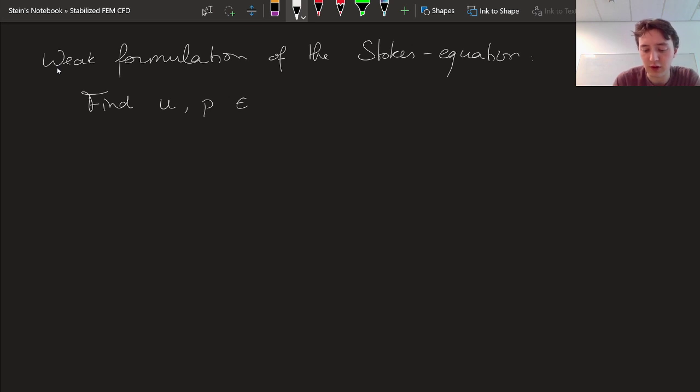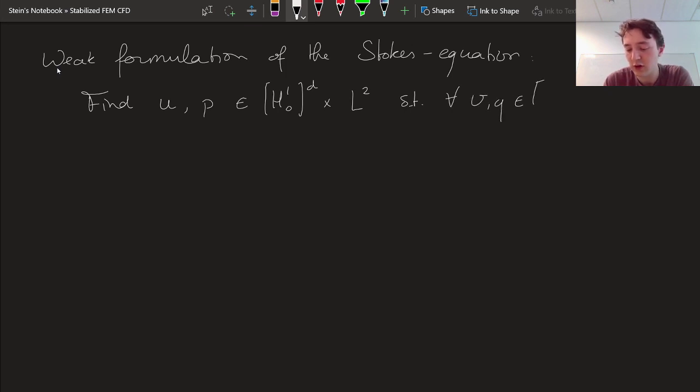A space for the velocities as H10, a vector valued space, so D of those as the dimension of the physical space, and a pressure space, and the pressure space could be L2. And we're looking for the solution U and P such that for all test functions V and Q, also in H10, D, and L2.